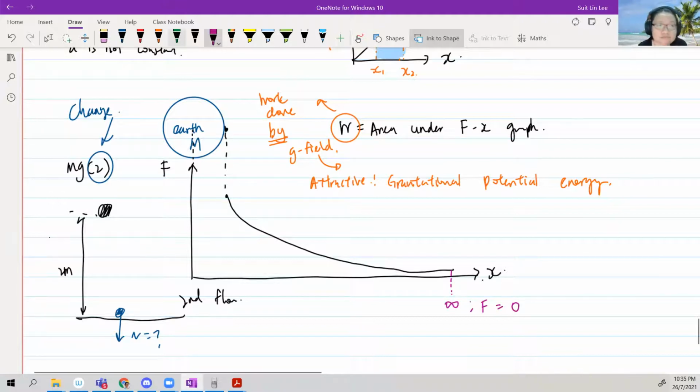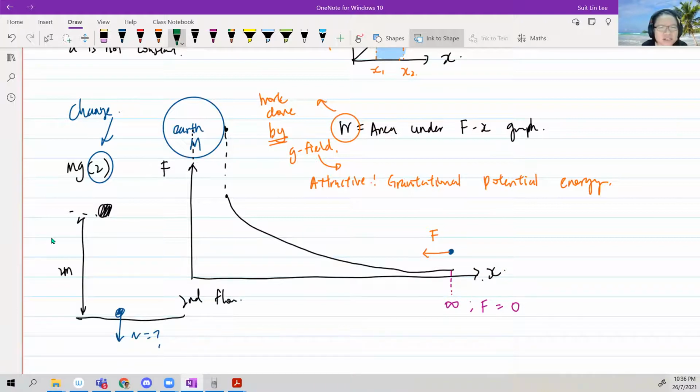So now I'm going to take my object, whatever, meteor, rock, satellite, durian. I want to bring it towards the earth. So the earth is very happy to attract the mass from infinity towards me. Okay. So let's say I attract the mass from infinity to the surface of the earth.